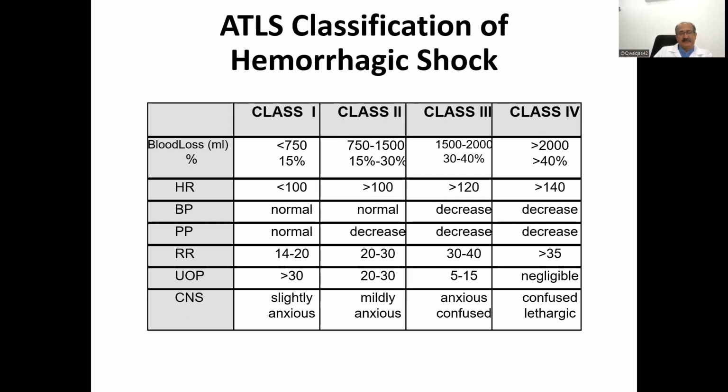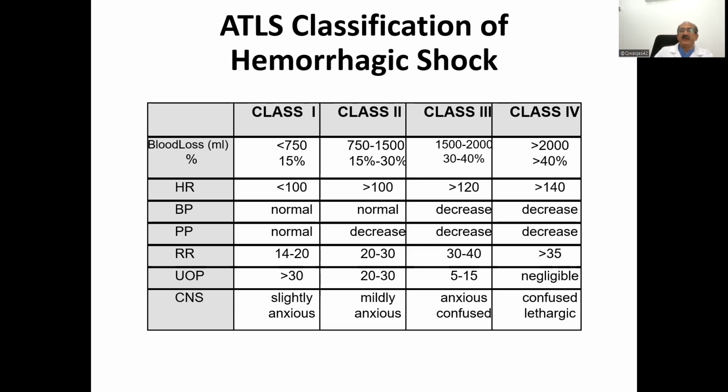And pulse pressure decreases. Respiratory rate is 20 to 30, a slight increase over the normal respiratory rate. Urine output becomes 20 to 30. And CNS, mild anxiety.